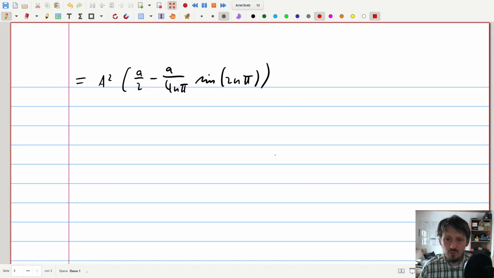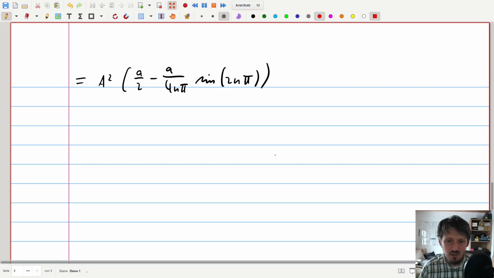And now you can see we have here n times pi, and of course sine of any integer value times pi must be 0. So this cancels out. And now what remains is A squared times a half, and this, as I said, should be equal to 1.